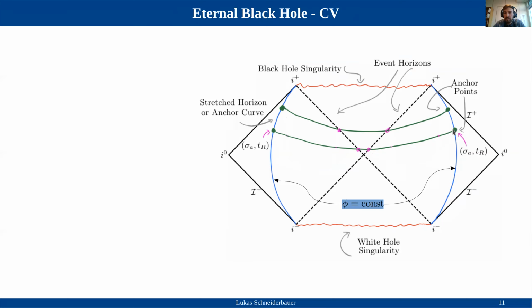Then we have some anchor points here, which parameterize our time, and we do so on the left side as well. Then we connect these 2 points by a volume slice, and we ask, what is the extremal volume that connects those 2 points? We then take the volume of these slices, and these are the volumes that should be related to complexity.